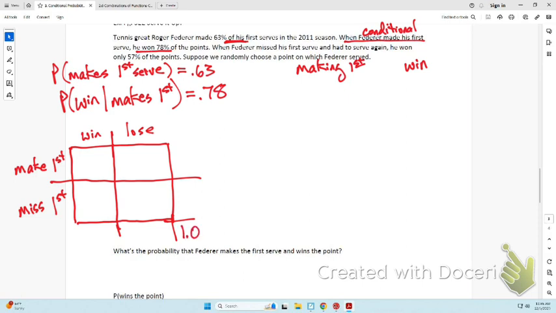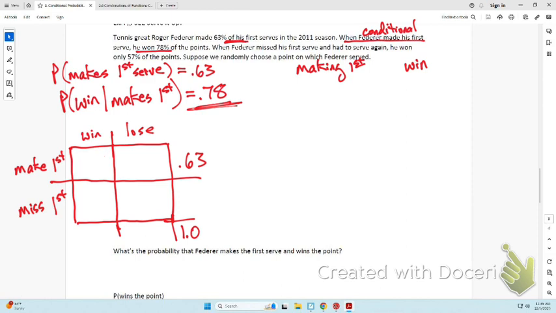And that opening statement says that entire row of making first serve is 0.63. And hopefully you see something wrong with 78% going right here, because this plus this should add up to 0.63. And I can't put 0.78 right there.